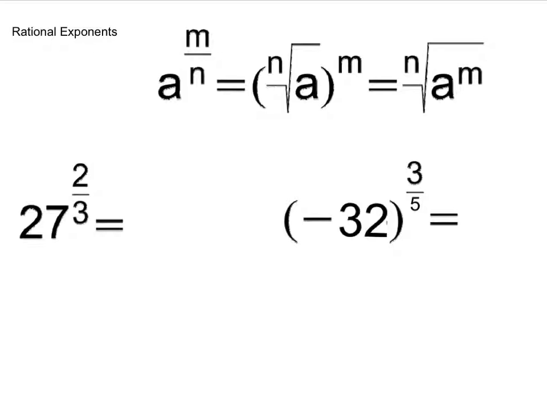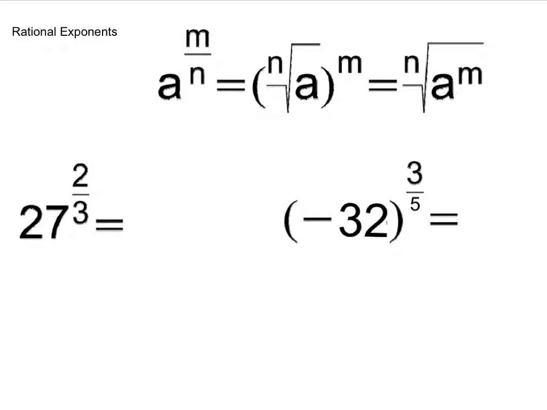It's also possible to raise a to the mth power first and then determine the nth root, but we'll find for our practice that it's almost always going to be easier to determine the nth root of a first and then raise that answer to the power of m.